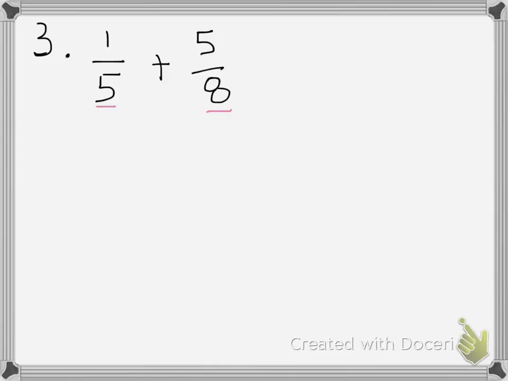Is 5 and 8 the same? No. So what you want to do is find the least common multiple. I think it's easier if you just multiply 5 by 8 and 8 by 5, so multiply them by the other number. So we're going to multiply 1/5 by 8 over 8, and we're going to multiply 5/8 by 5 over 5.